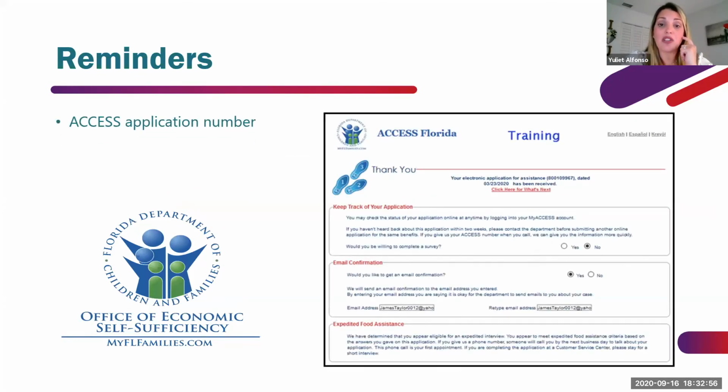And in there, it's going to list the application number, which, if it's a brand new application that you are submitting, I recommend you write down just in case you need to reach out to us. That's how we can search on the system. Then we have a box that is going to tell you how you can track the application. And again, you can track your application by visiting your MyAccess account. You will have all the details.